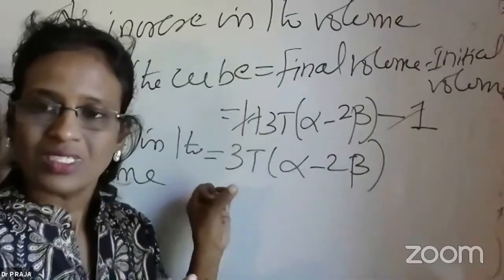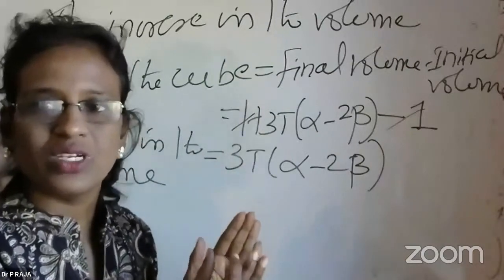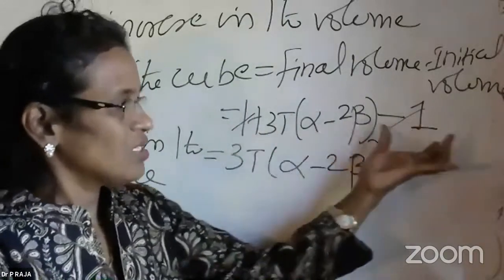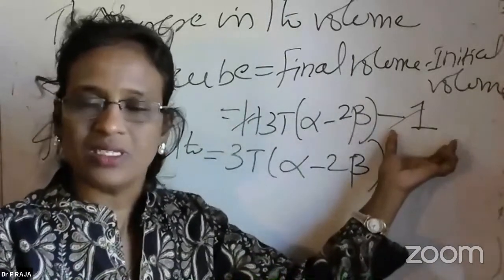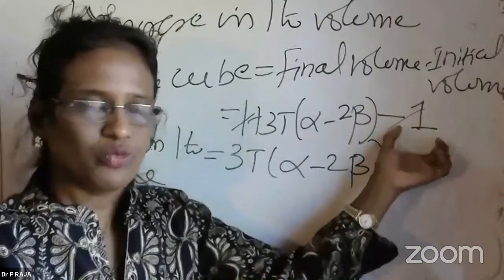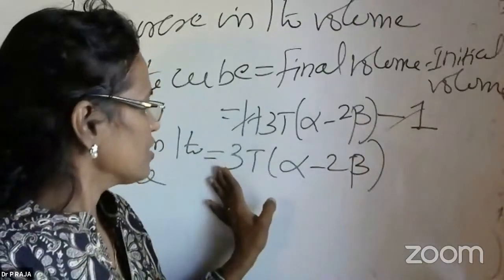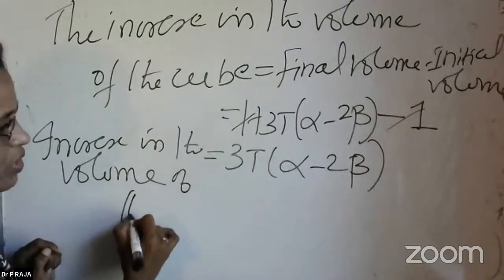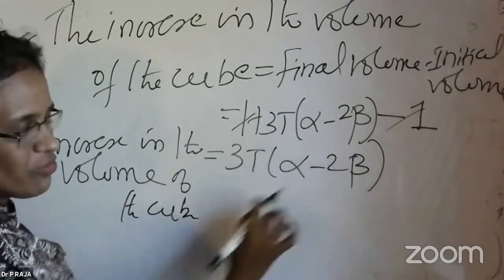We have got 3 equations, and then we multiplied them to get the new volume. The initial volume of the cube is a unit cube, 1. So the increase in the volume of the cube is equal to 3t into alpha minus 2 beta.